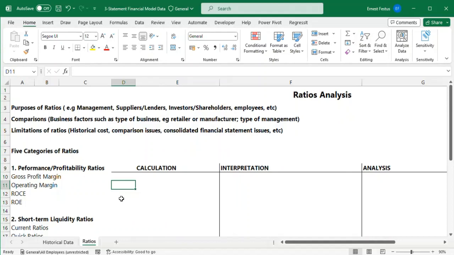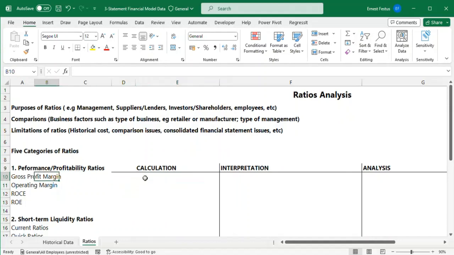So most of the figures in the financial statements are valued on a historical cost basis. So that is what makes it, even though it makes it reliable, their relevance is actually undermined.